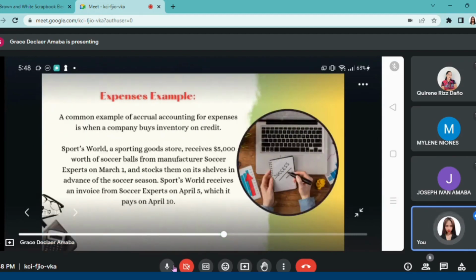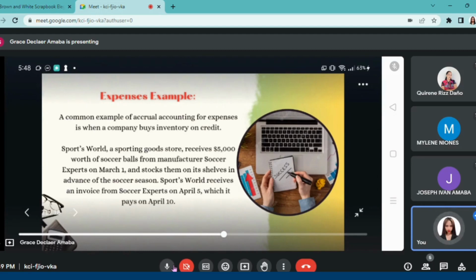So, expenses example. A common example of accrual accounting for expenses is when a company buys inventory on credit. Sports World, a sporting goods store, receives $5,000 worth of soccer balls from manufacturer Soccer Experts on March 1 and stocks them on its shelves in advance for the soccer season.